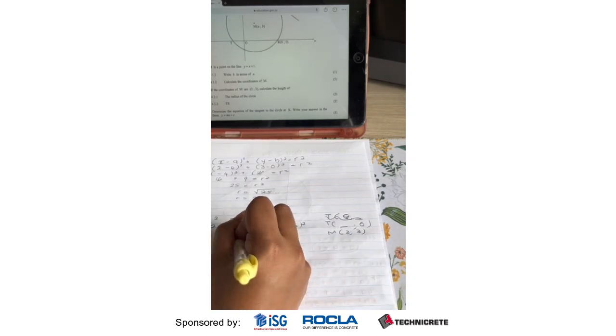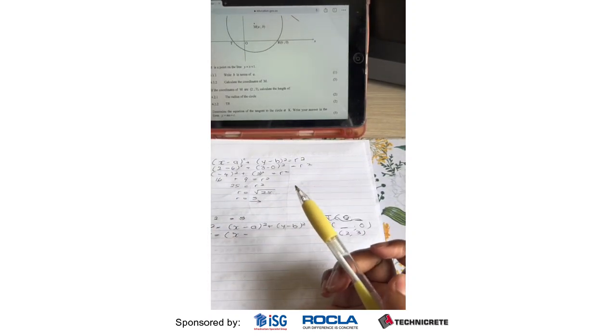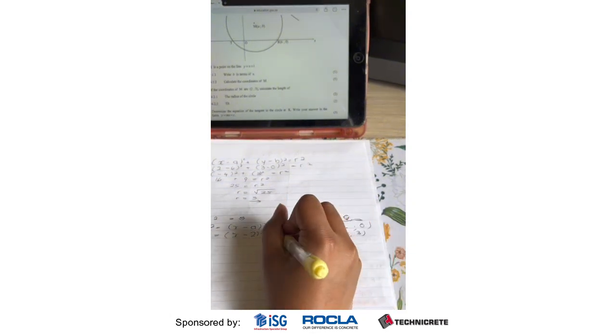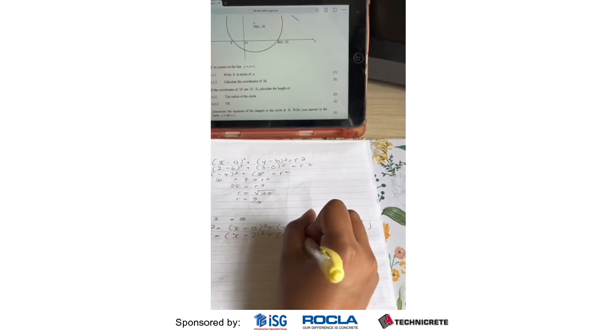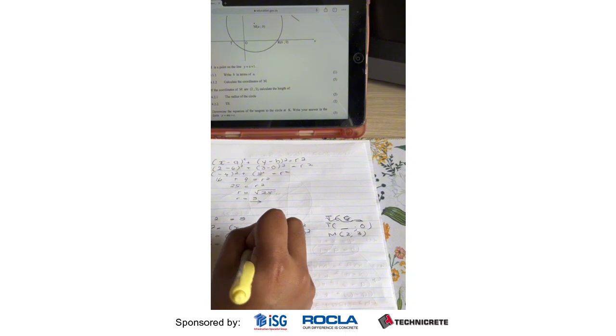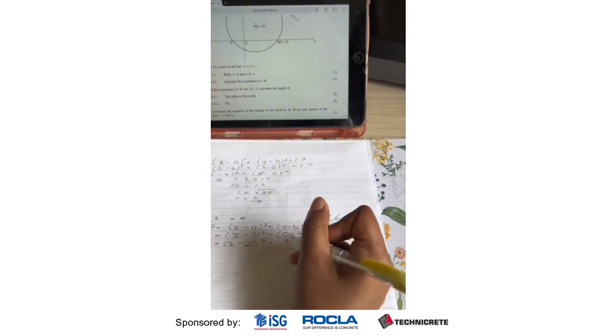So let's say this is my T x value minus my m, which is 2, squared, plus my y value of T, which is 0 minus 3. 25 is equal to (x minus 2) squared plus (minus 3) squared, which is 9.